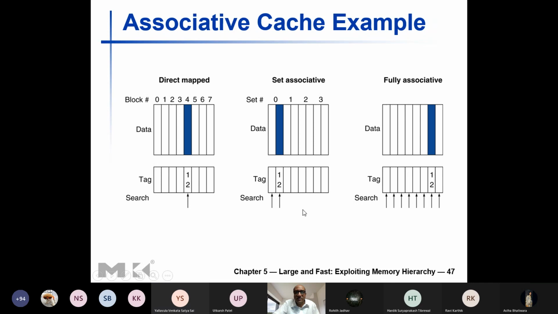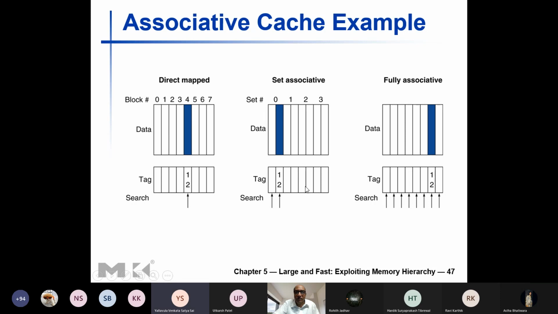Whereas in a set associative cache, the same cache is organized in the form of four sets, set 0, 1, 2, 3, where each set can accommodate two blocks. So the number of sets equals 4, and it's a two-way set associative cache. That means the block can be placed either here or here.